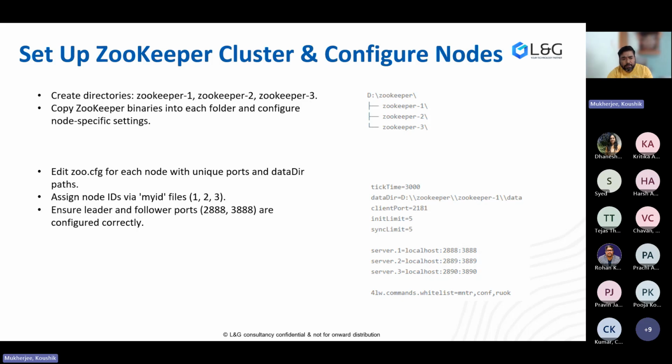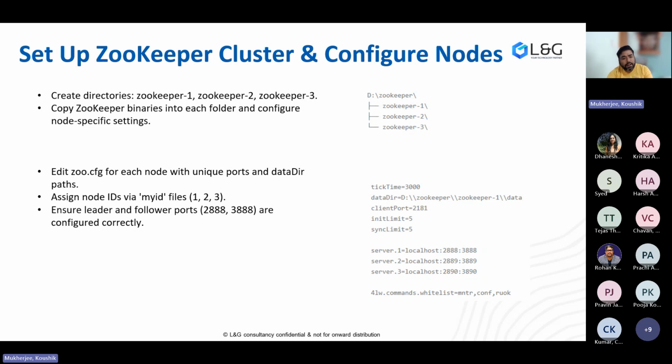Another thing we need to keep in mind is that we need to assign the ID in the myid file. You need to open it and assign the ID there. In our case, we gave simple IDs: the ID of Zookeeper 1 is 1, of Zookeeper 2 is 2, and of Zookeeper 3 is 3.